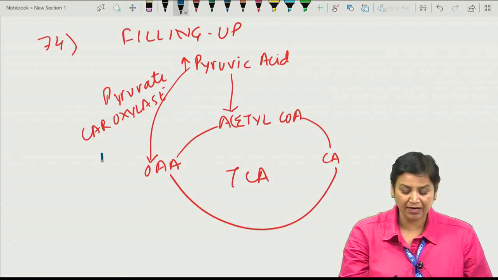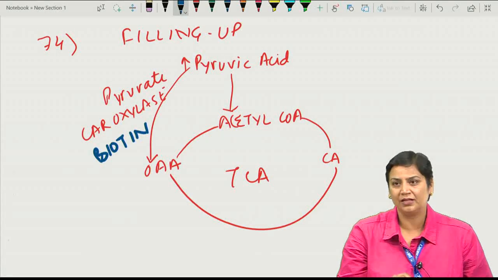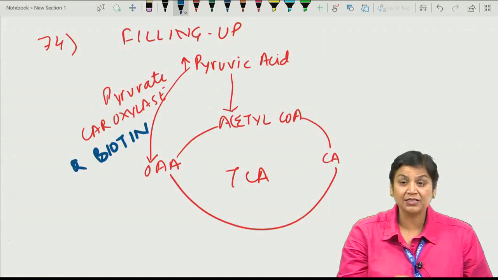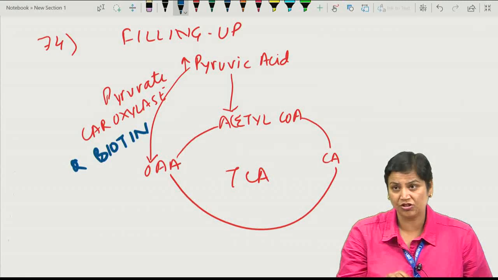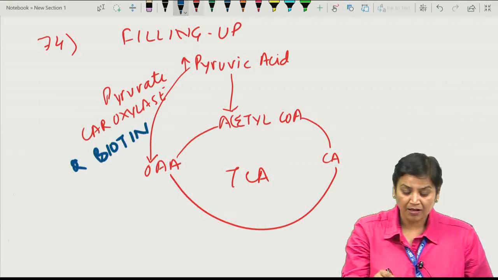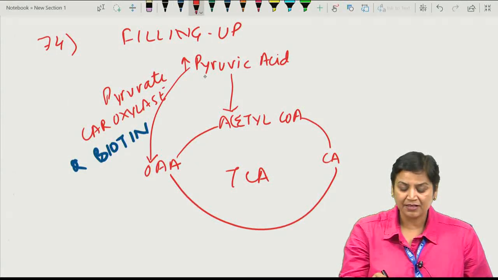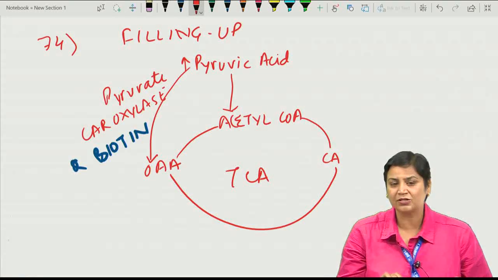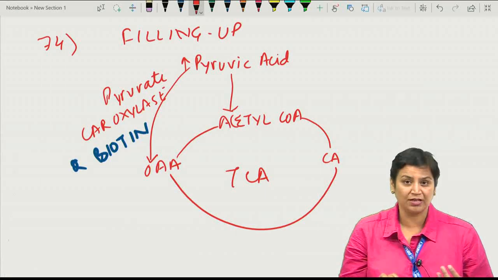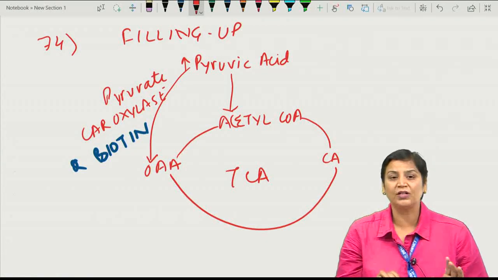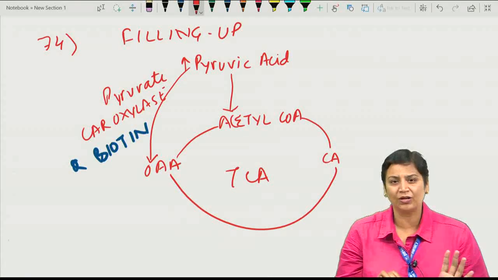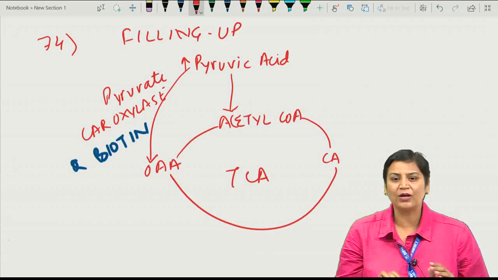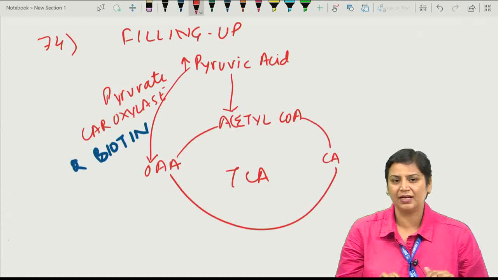I am mentioning biotin again and again as this is a very important question and it is asked in so many exams. Biotin is a coenzyme for carboxylation. This is also a reaction of gluconeogenesis, in fact the first step of gluconeogenesis, but it is one of the very important anaplerotic reactions: conversion of pyruvic acid to oxaloacetic acid.